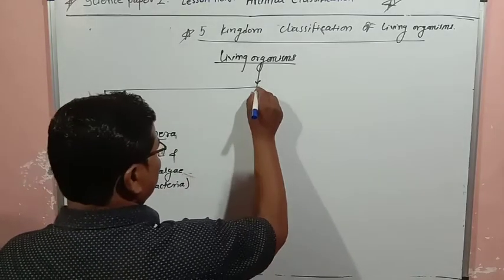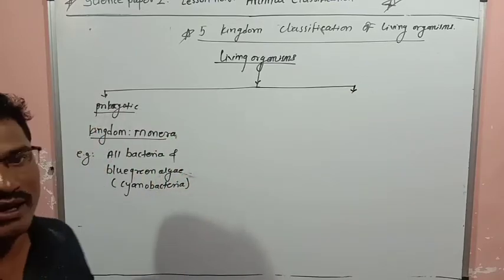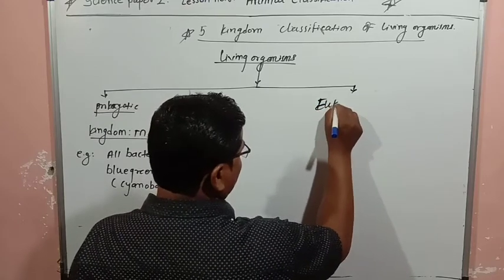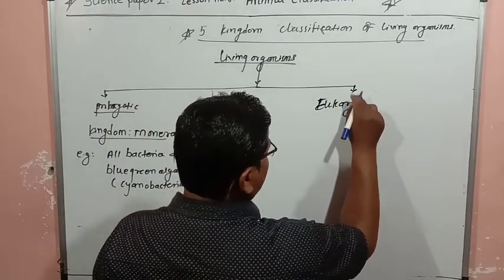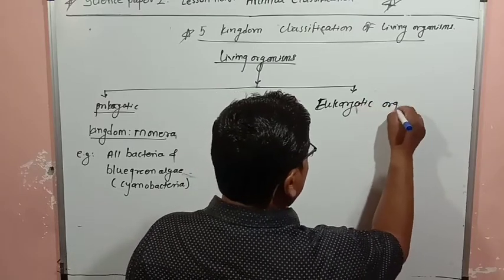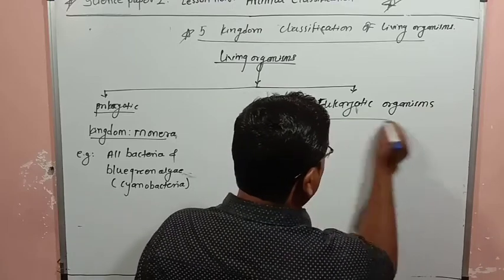After this, to the right side we are going to classify the eukaryotic. In eukaryotic organisms, again classification is there.